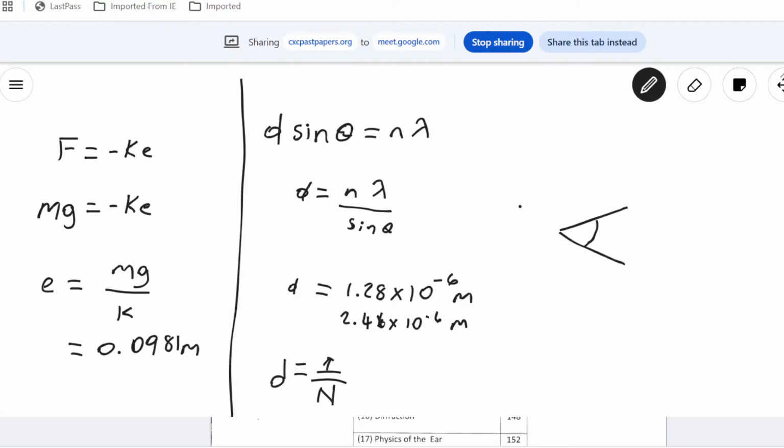So 2.46 times 10 to the minus 3 millimeters. Yep. And then we find the inverse of this, which is 406.42. So 406. That's fine.